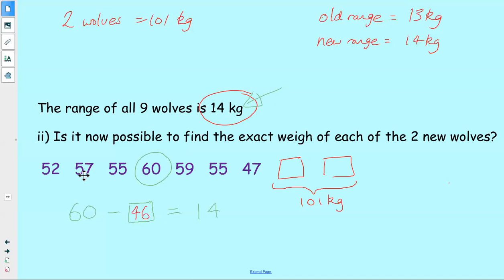Is 46 already in the original data? No. So that means one of the wolves must weigh 46. Now, if one of them weighs 46, remember, both of them together weigh 101. So if one of them weighs 46, then the other one must weigh 55.